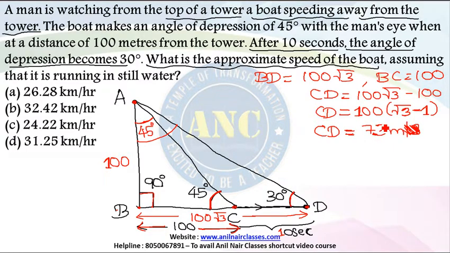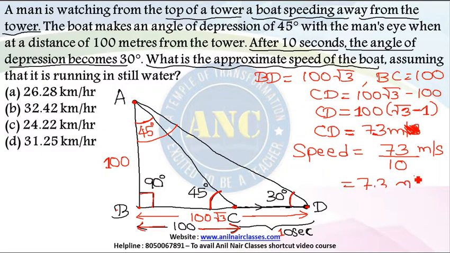So the CD value is 73 meters. So speed is the distance traveled from C to D, 73 meters, divided by the time taken from C to D, 10 seconds. 73 by 10, it is 7.3 meters per second.